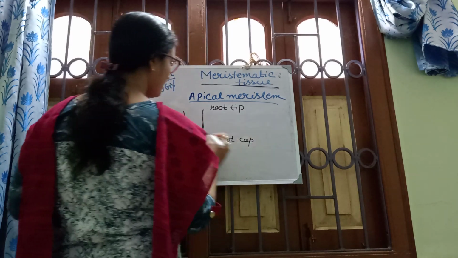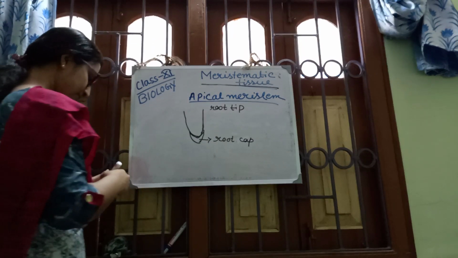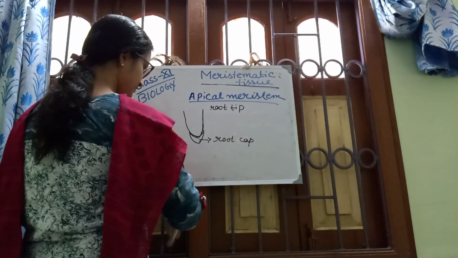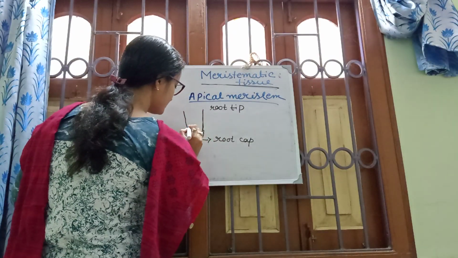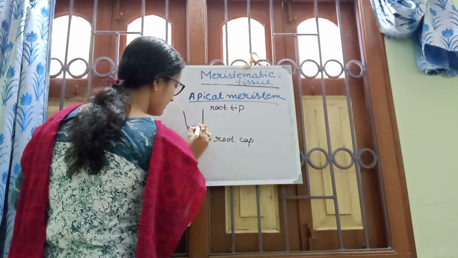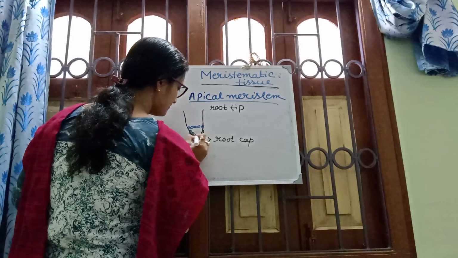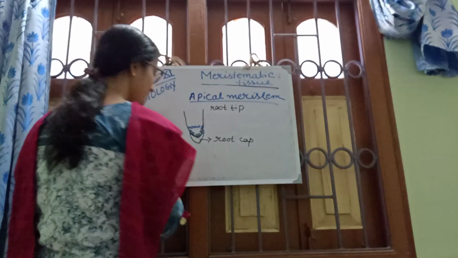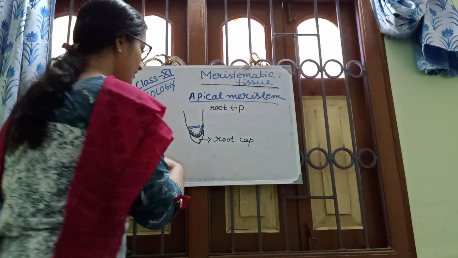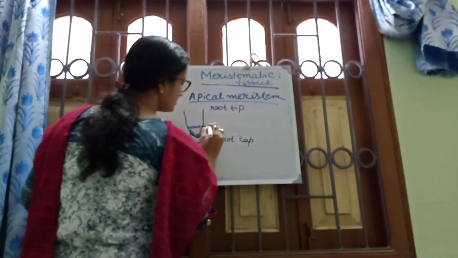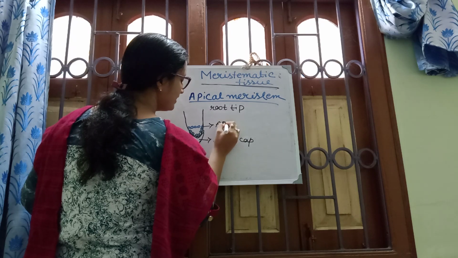Here the meristem is present. This is the apical meristem, or the apical meristematic tissue.